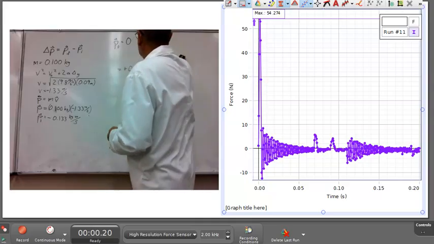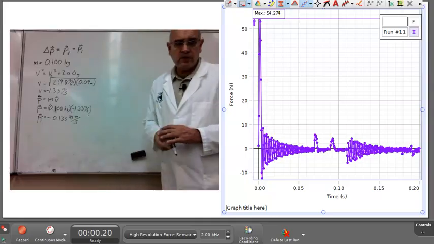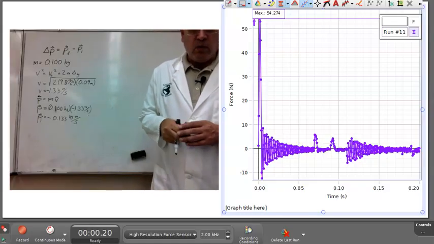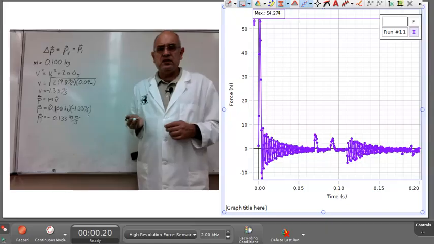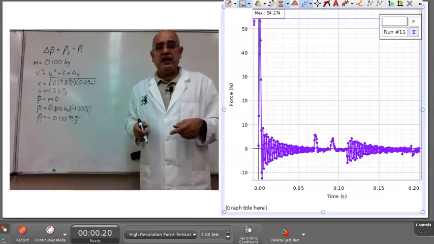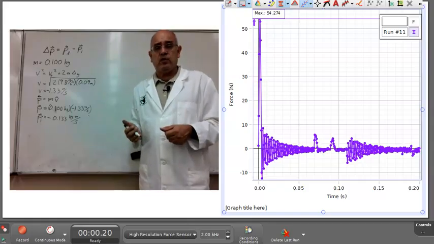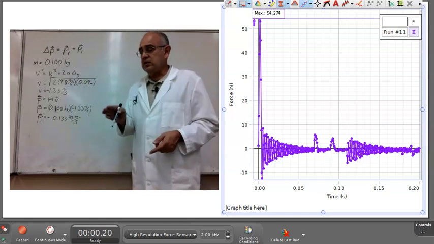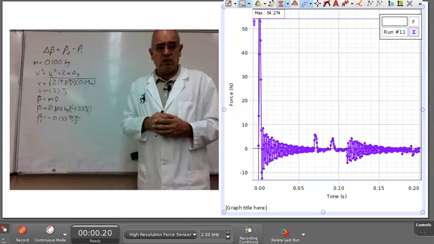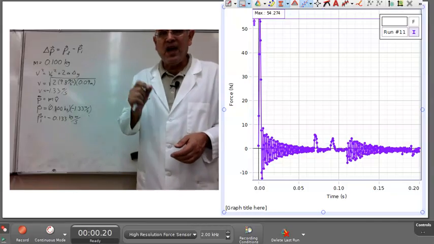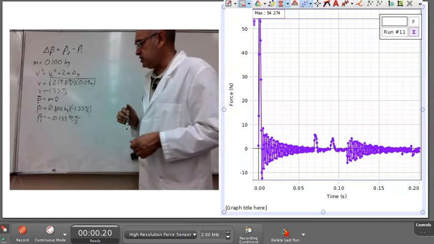Okay, now let's take a look. What about the rubber ball? In the case of the rubber ball, let's assume that the rubber ball bounces back up to the same height it landed at. If it does, that means it had to have the same speed coming off the table that it had going in. That means that the velocity going in is minus 1.33 meters per second, but the velocity coming off is positive 1.33 meters per second.